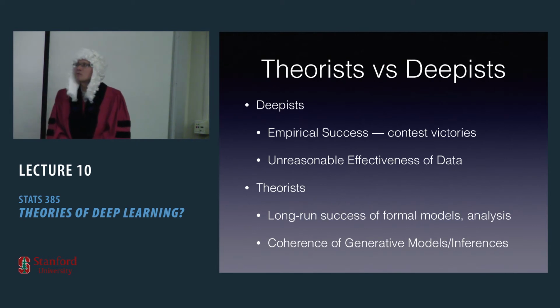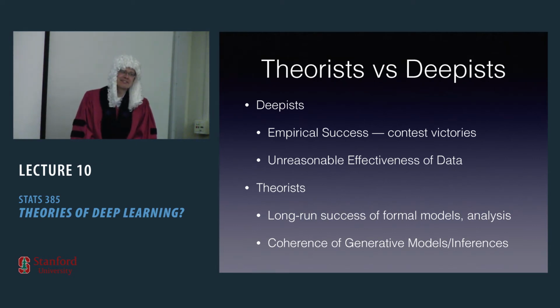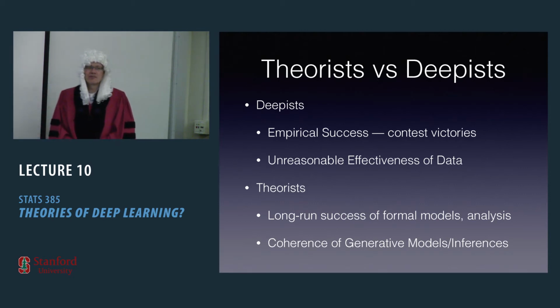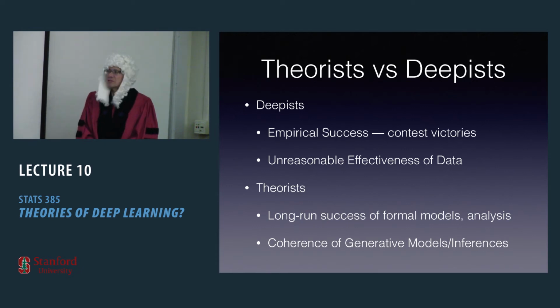So far, we've got to give it to the deepists that they have the empirical success documented through contest victories, which are incontestable. And they're proving on a daily basis the unreasonable effectiveness of data, that by getting better, more copious, more ample data, you get better results, and you are able to crack open problems that people for decades and decades didn't believe would ever be approachable.